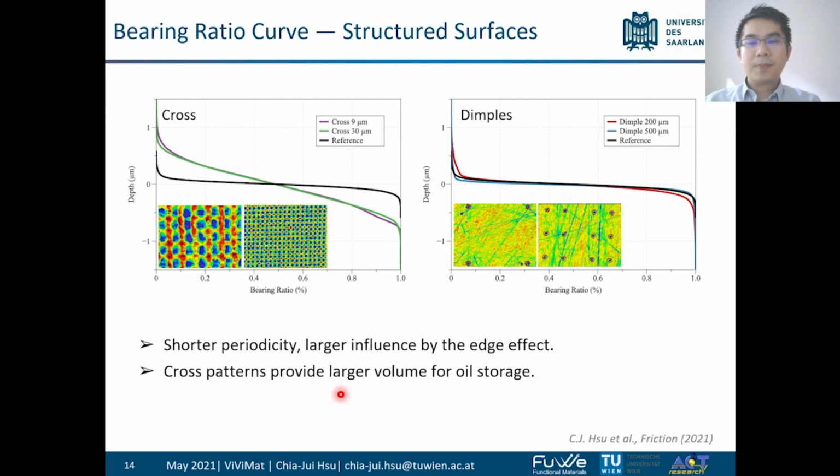As we mentioned, laser surface texturing normally provides surface pockets to store oil and lubricants, and this is like a proof, using the surface profile parameters to describe the volume or the capability more precisely.